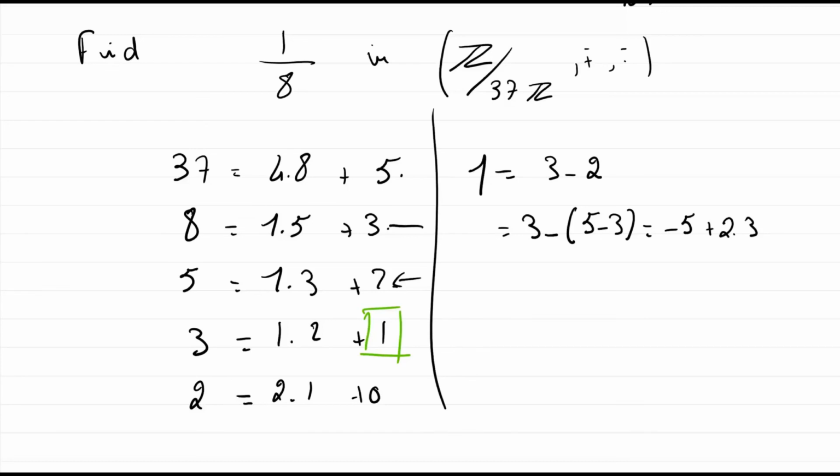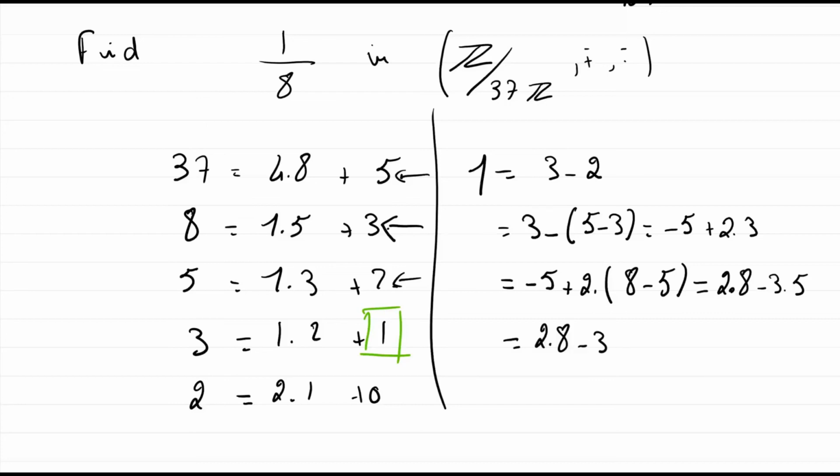And now I get rid of the 3 using this equation. I write it as 8 minus 5. So the 1 now is minus 5 plus 2 times (8 minus 5), which is 2 times 8 minus 3 times 5. And with the last equation, I get rid of the 5. So I write the 5 as 37 minus 4 times 8.